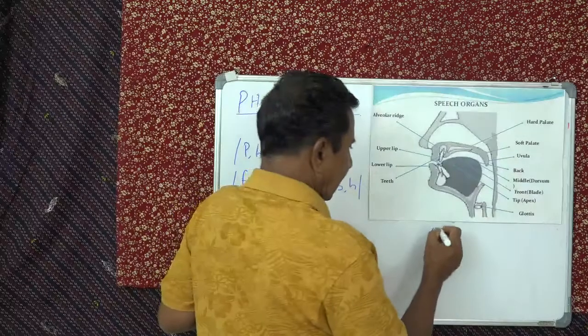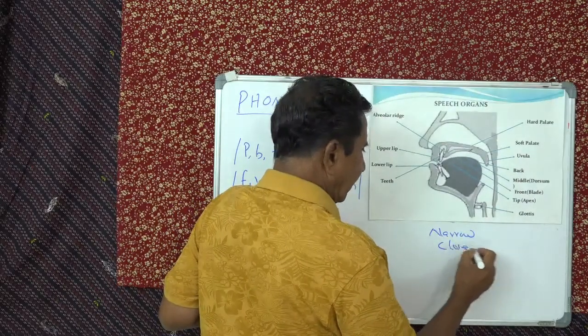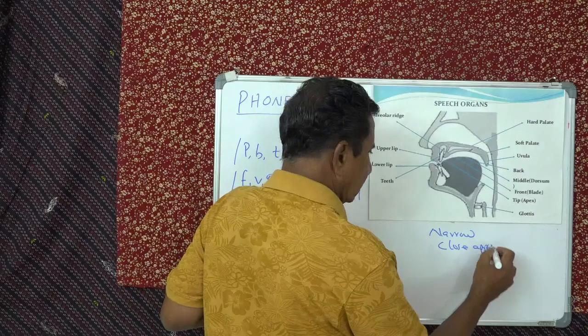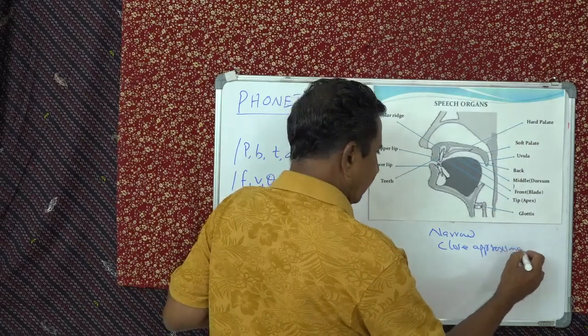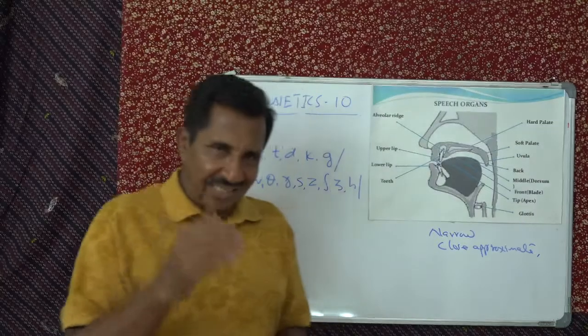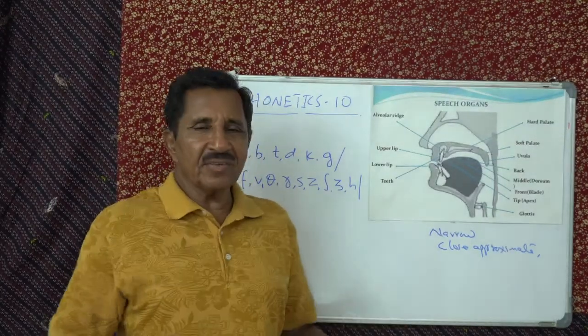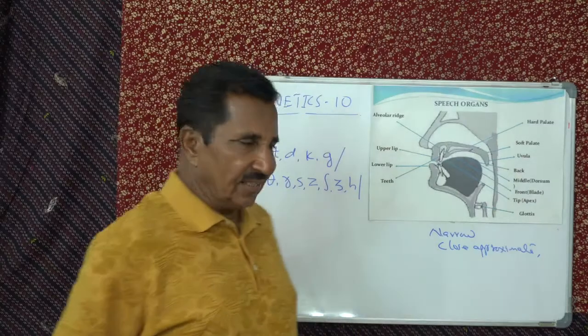Either we can call it narrow, or you can say close approximation. Close means like your close friend, intimate, near. Approximation, coming very near. That is simple language, we say narrow. Understand?